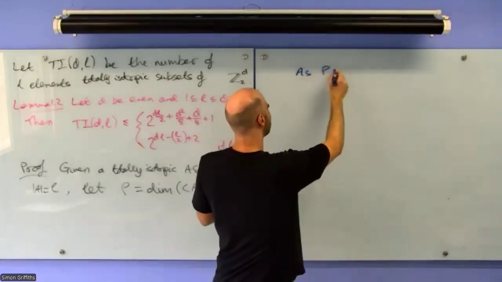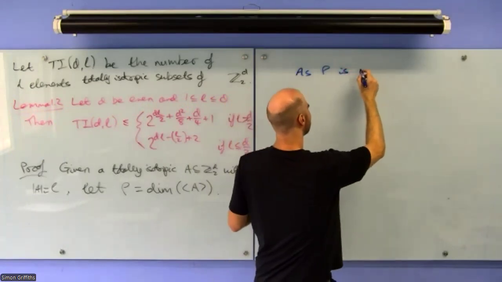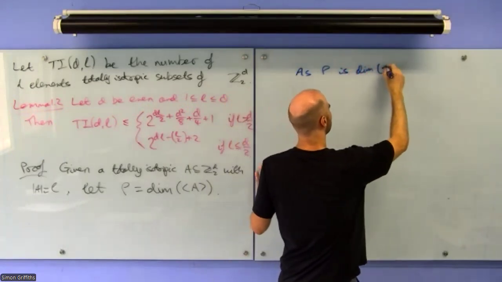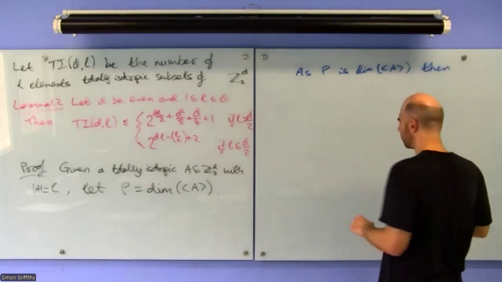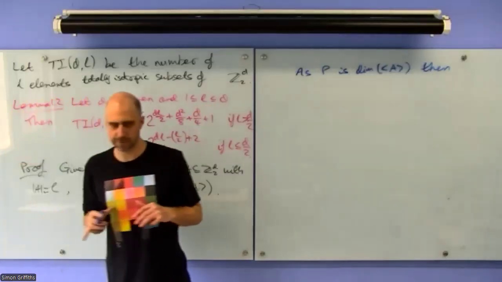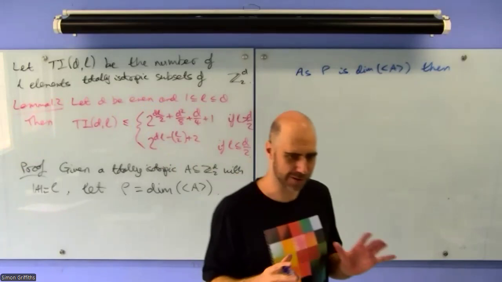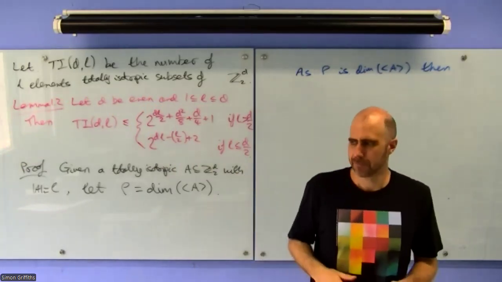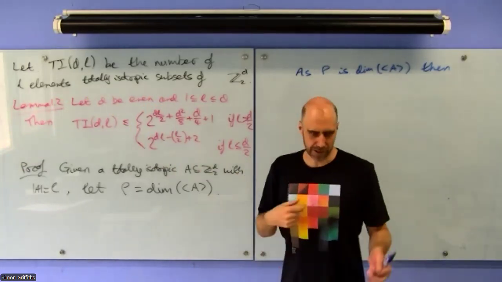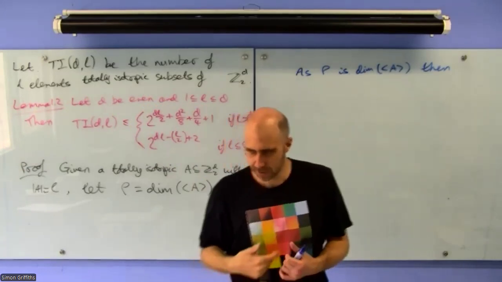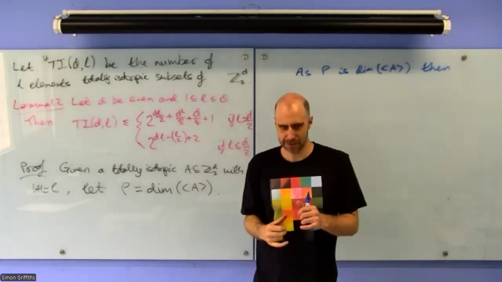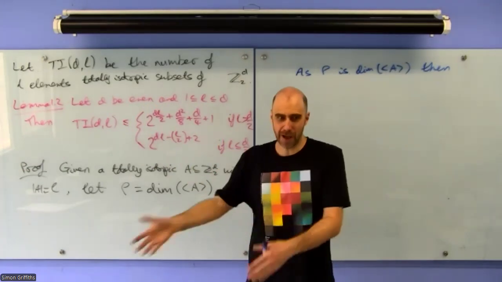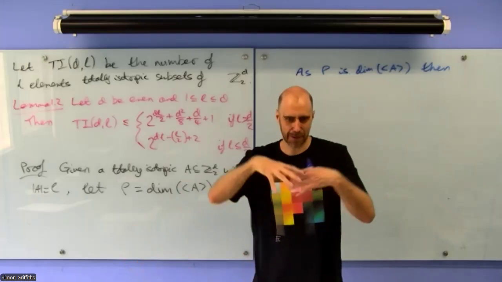As rho is the dimension of A, you can actually find rho linearly independent elements in A. And so we can list those first. We can imagine a sequence where you first list rho linearly independent elements of A, and then all the others are contained in their span.